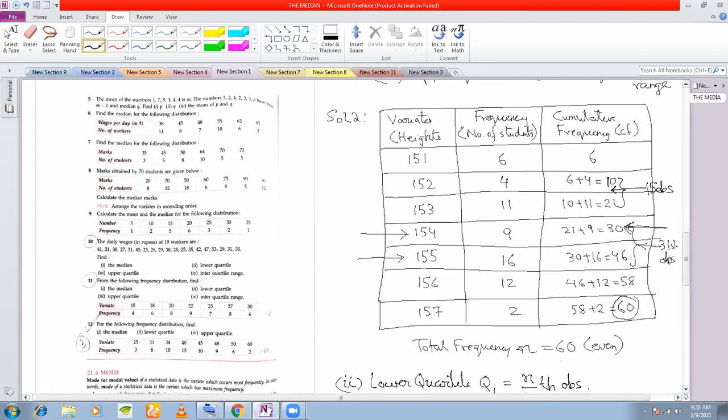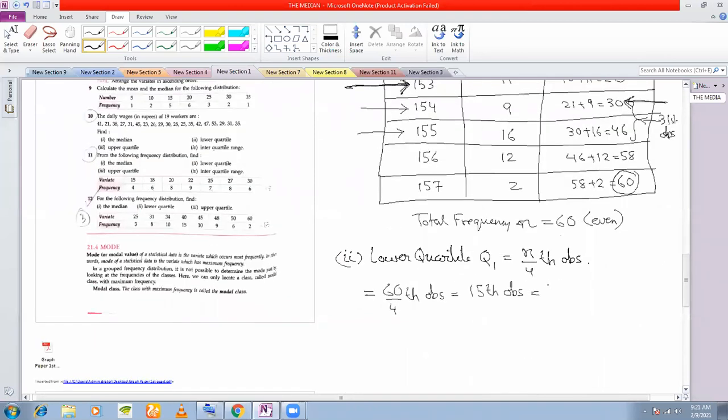Since 15 is greater than 10, we take this as our 15th observation, because 15 is after your 10. So any 15th observation will lie in this class, 153. So the 15th observation is 153.